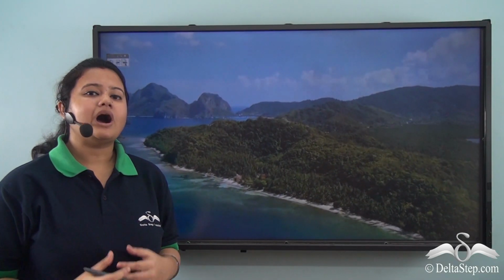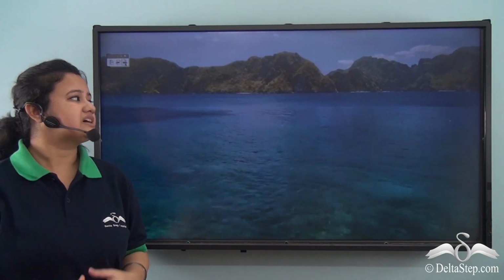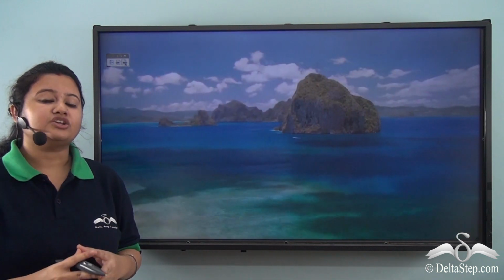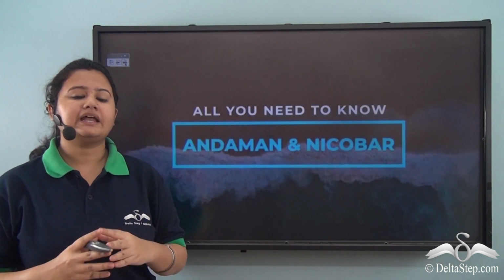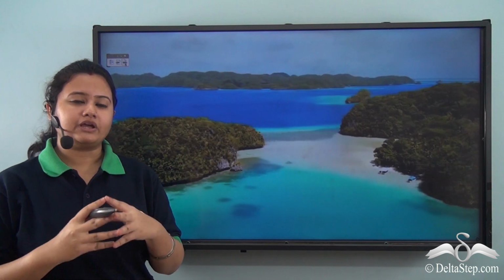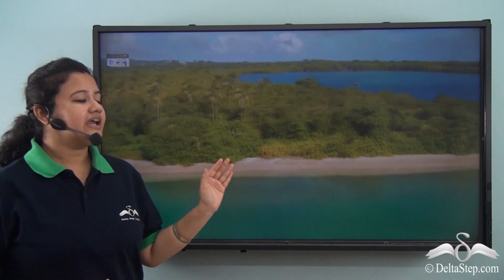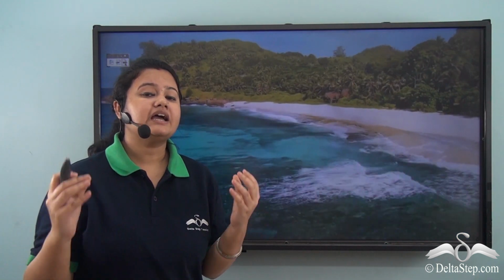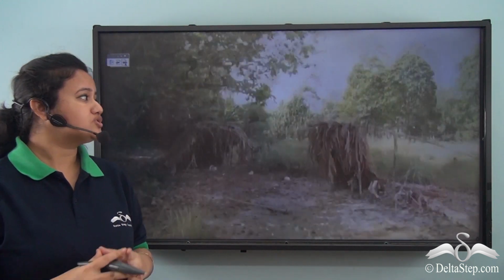Well, we all know Andaman and Nicobar is a group of islands lying to the east of mainland India amidst the Bay of Bengal. Now, this island group is an ideal tourist spot because of its sublime natural beauty. The islands consist of long coast and beaches which are thickly covered with dense forest.